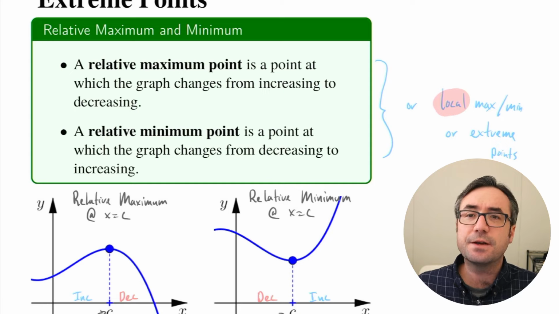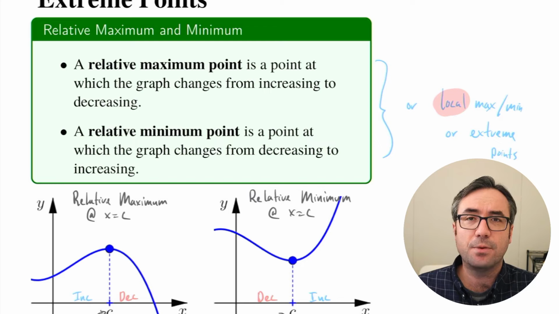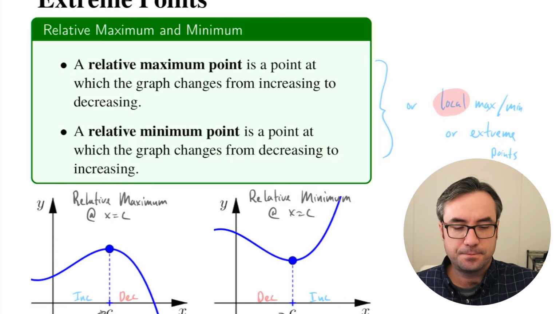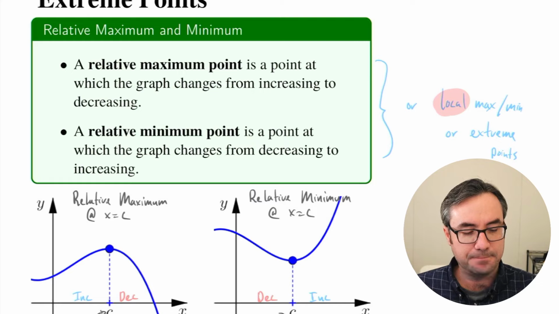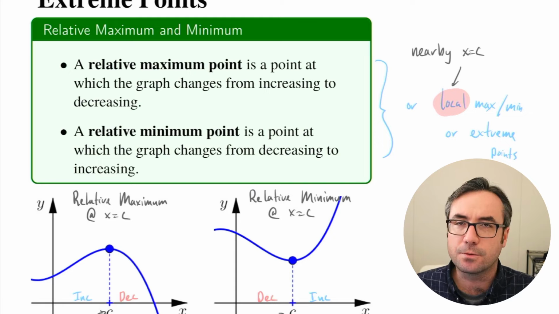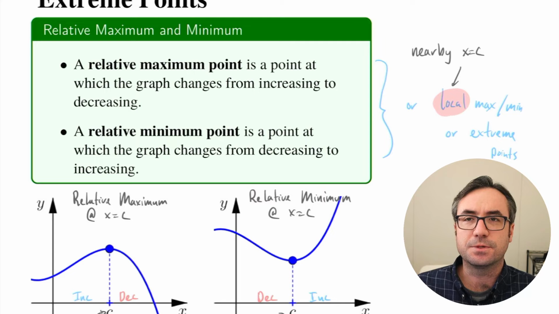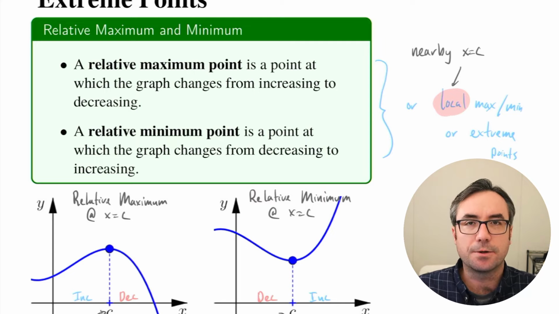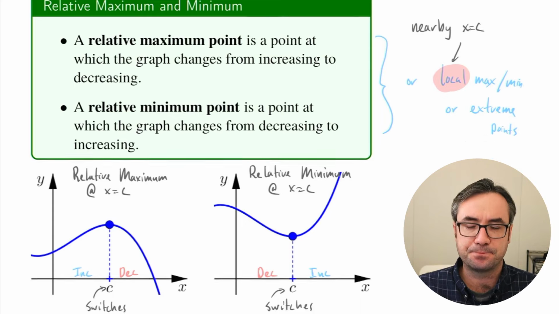Once we get far away from these relative max and min points, the function might get bigger, it might get smaller, but we're just talking nearby, right around x equals c. When we talk about local or relative, we're just looking in a small little area around x equals c.